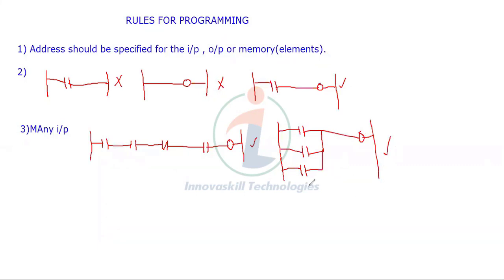Based on the logic or the condition we need, we can connect them either in series or in parallel. So this is for inputs. If you have many inputs, this can be done.